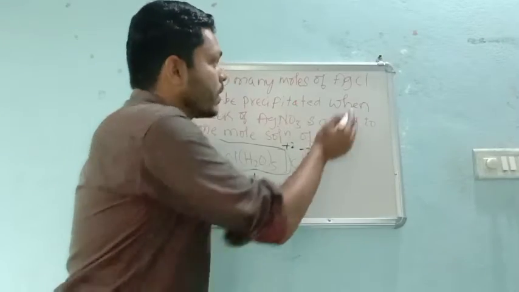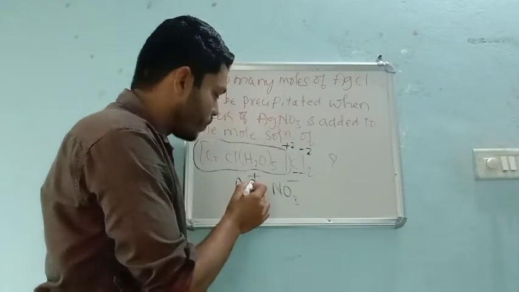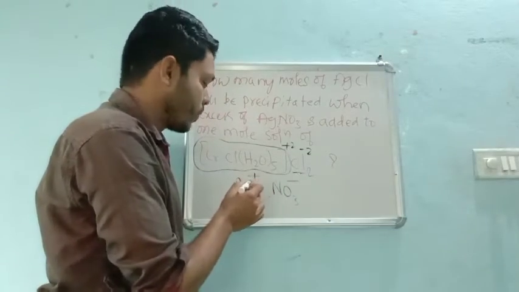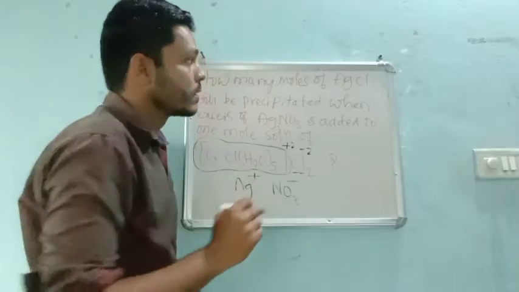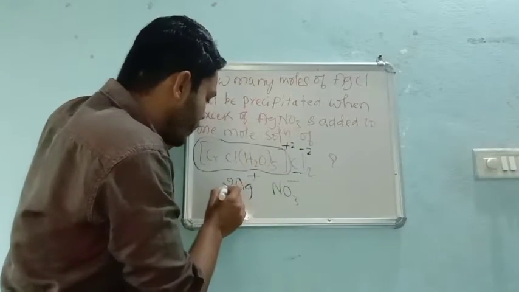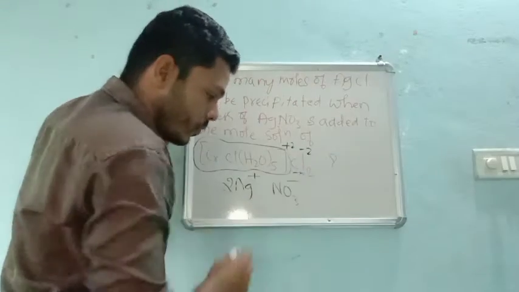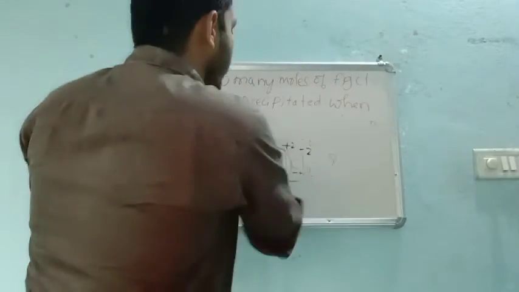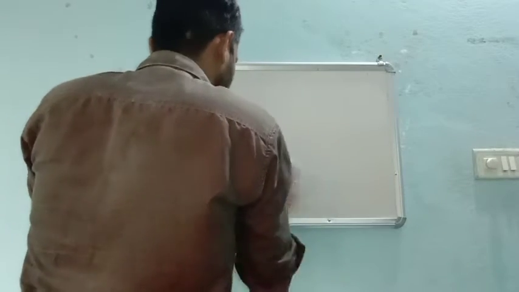So here Ag is present in positive form, that means 1 plus. How many moles of Ag do we require to react with this Cl? Definitely 2 moles we require, right? I will write once again so it will be very clear to you.